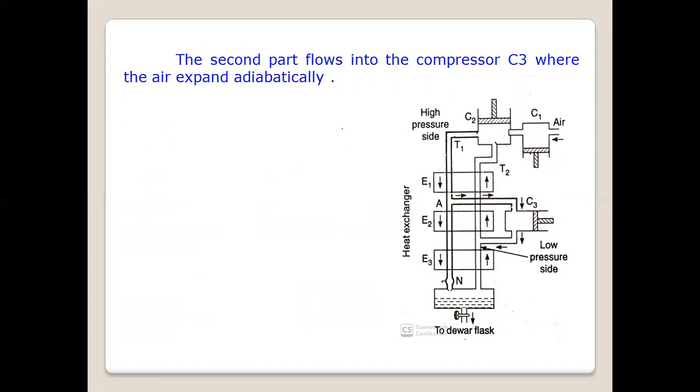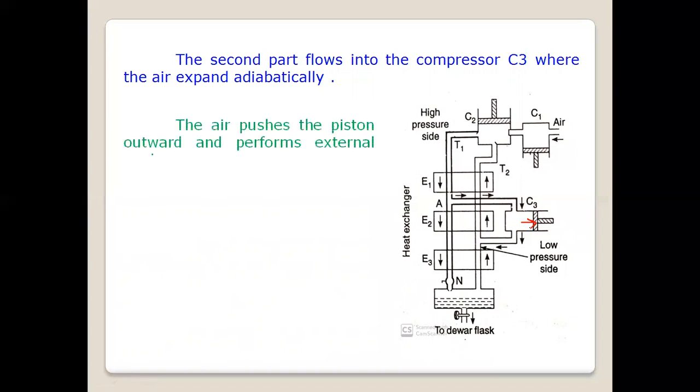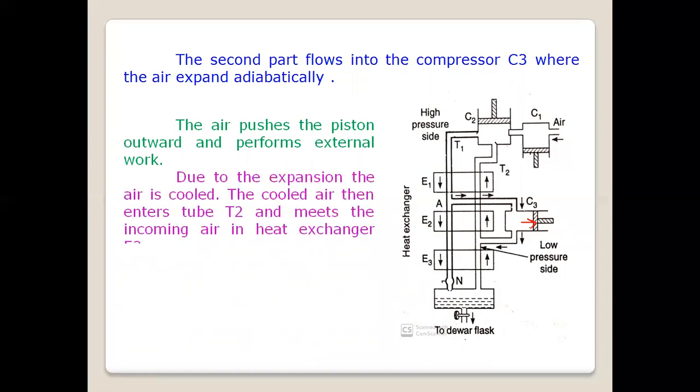The second part flows through C3, where the air expands adiabatically. The air pushes the piston of C3 outwards, so it does some external work. To do this external work, some internal energy is used, so its temperature decreases at C3.